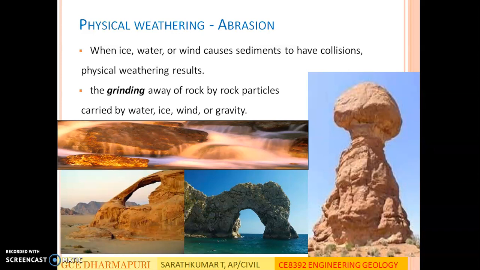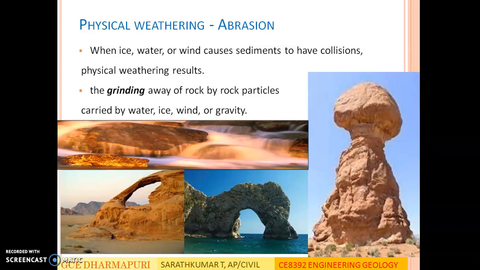Over a period of time, the rocks get corroded. It happens with wind also, and with glaciers also. The grinding away of rock by rock particles carried by water, ice, wind and gravity is known as abrasion.